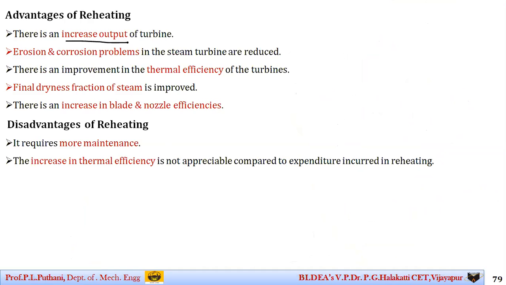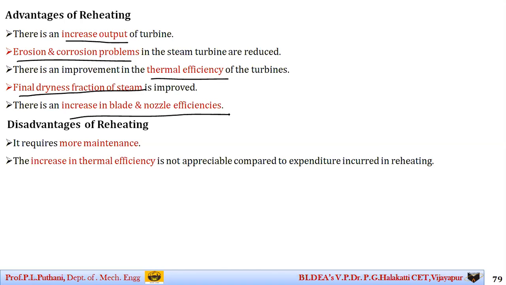Due to this, the erosion and corrosion problems are avoided to a much greater extent. Also, when you are using the reheating process, the thermal efficiency also improves. Due to this, even the final dryness fraction of the steam is of good quality, an improved quality. And this results in an increase of the blade and nozzle efficiencies.